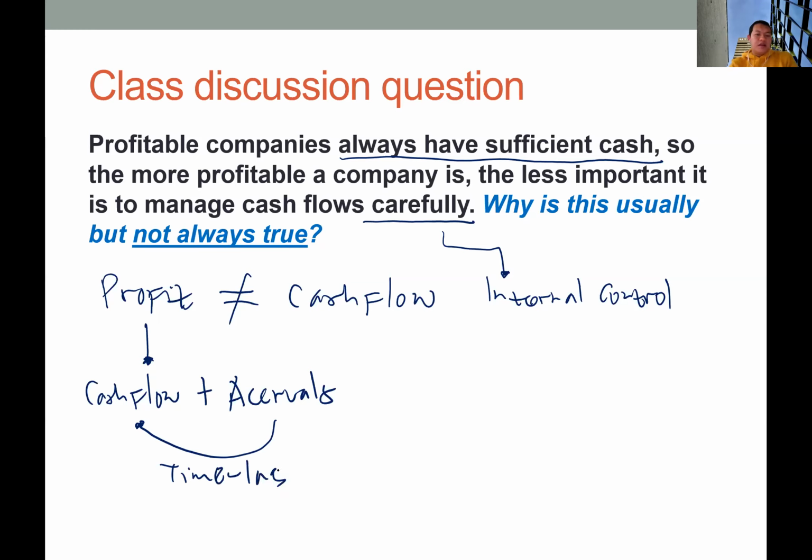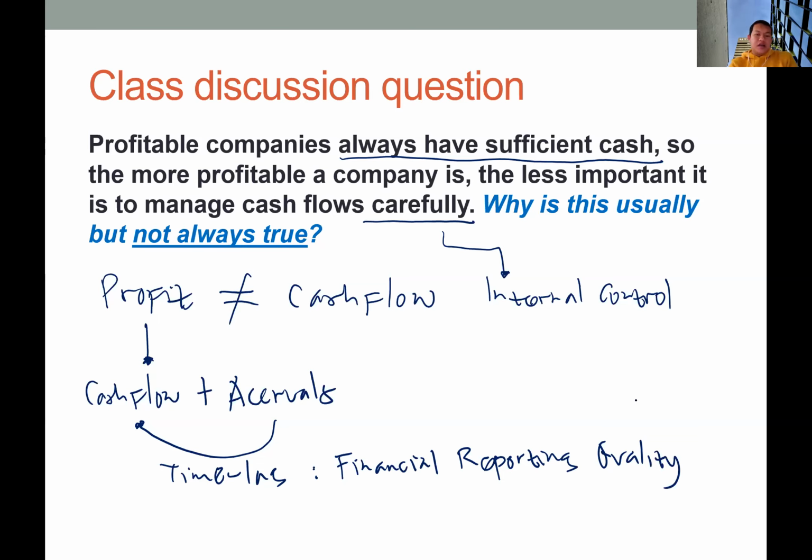If the time lag is relatively short, the company's financial report has good quality. But if the time lag is relatively long, or even some accruals fail to transform into cash, then the financial report quality is somehow in question.